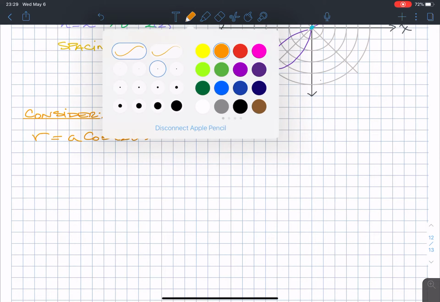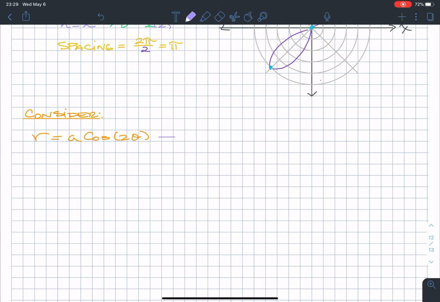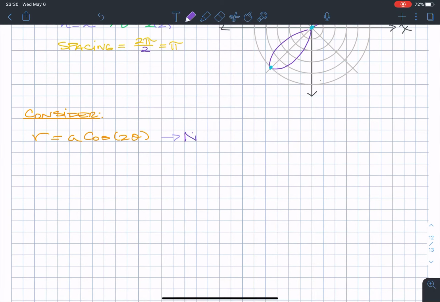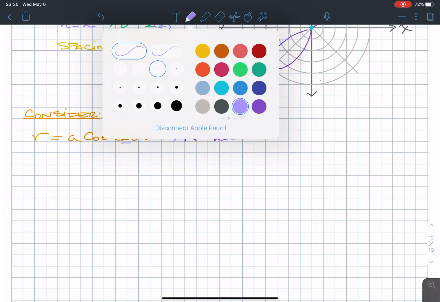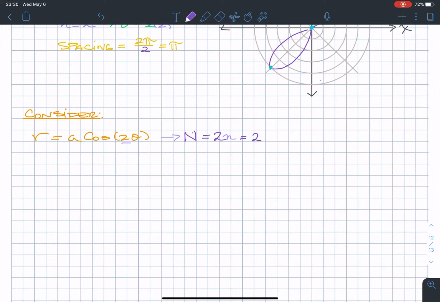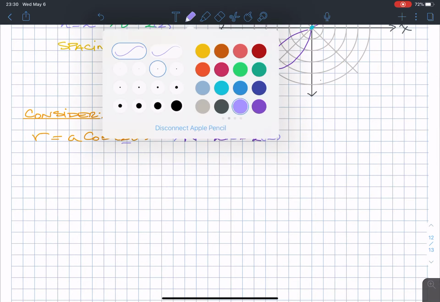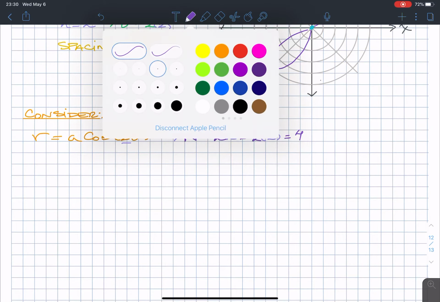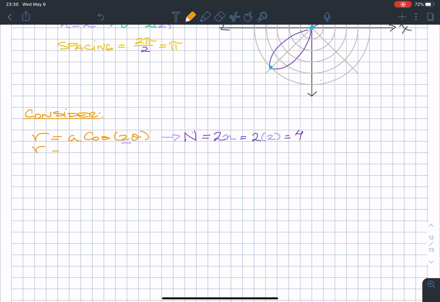In this case, we know that the number of petals, n, is going to be 2 times little n, which is 2 times 2, which is 4. Now let's consider r is equal to a times cosine of 4 theta.